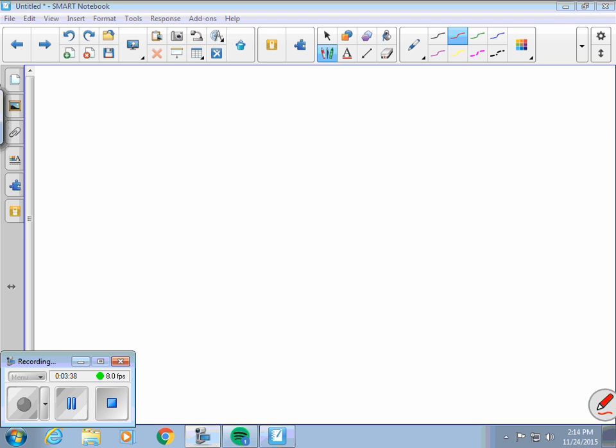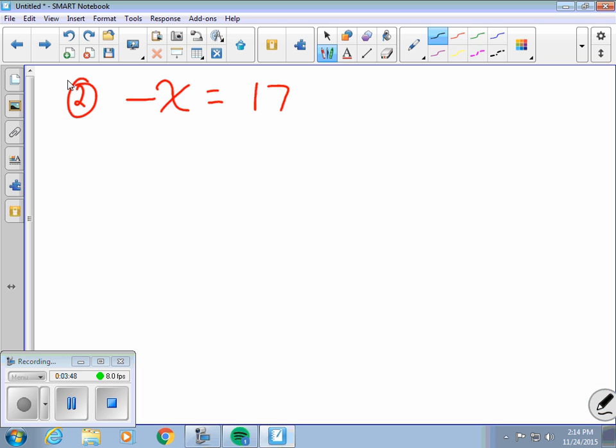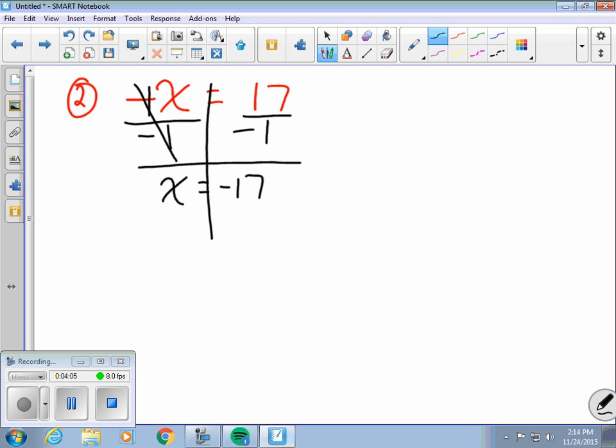A second special case, which is quick and easy, is if I have negative x equals 17. This is very much like having negative 1 times x. And so in order to undo that, I'm going to divide by negative 1 on both sides, giving me positive x equals negative 17.